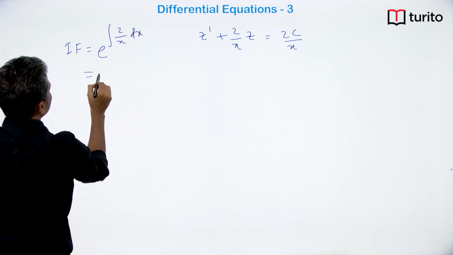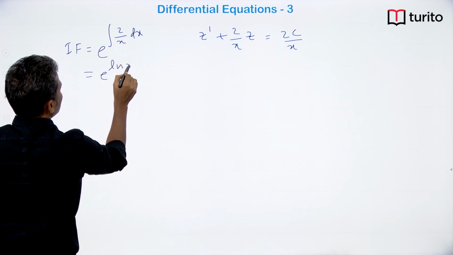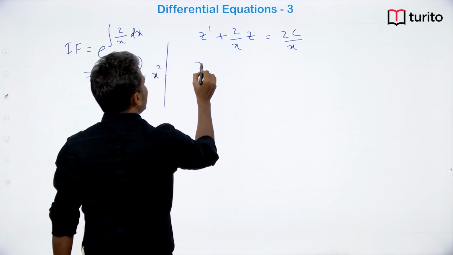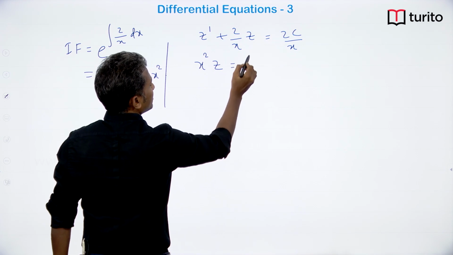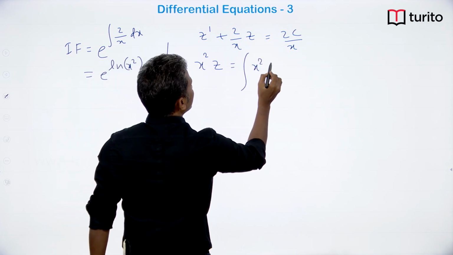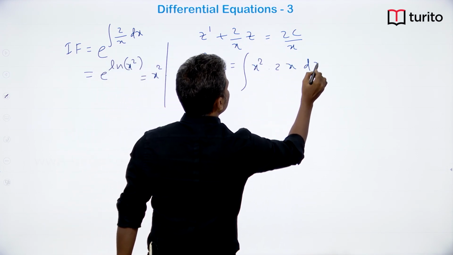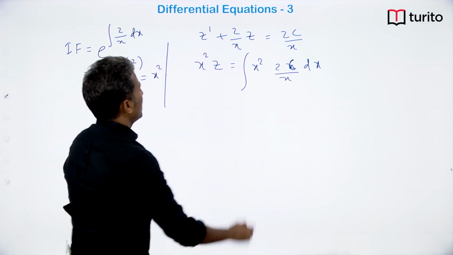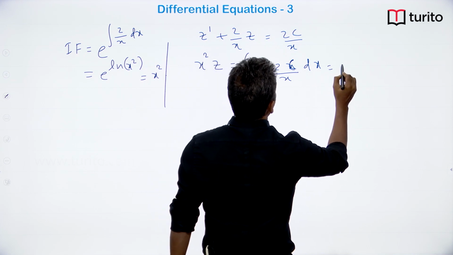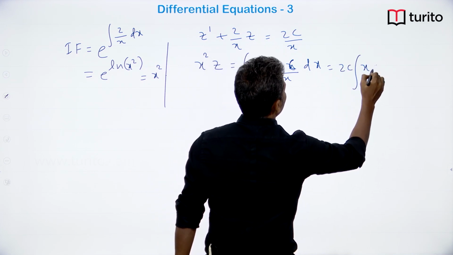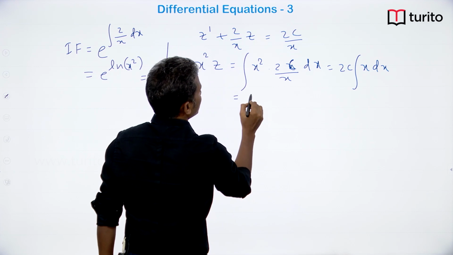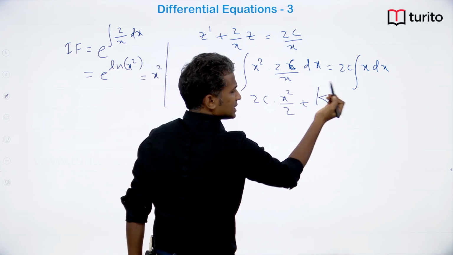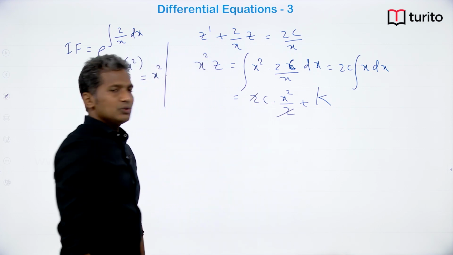It becomes e power ln x square, which is the same as x square. So integrating factor into dependent variable is equal to the integral of integrating factor into RHS dx, which is 2c by x. If I take 2c common, it will give us x dx, which is the same as 2c into x square by 2 plus a constant, let's say k, and the 2 got cancelled.